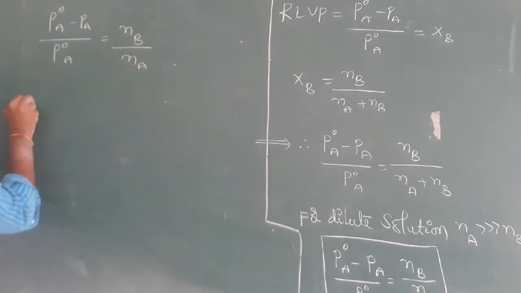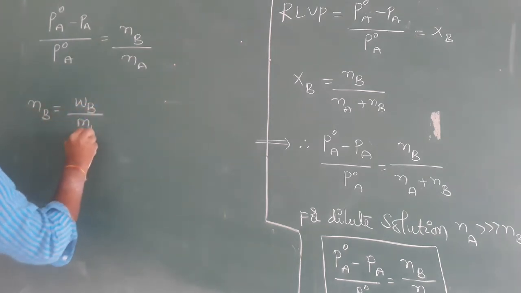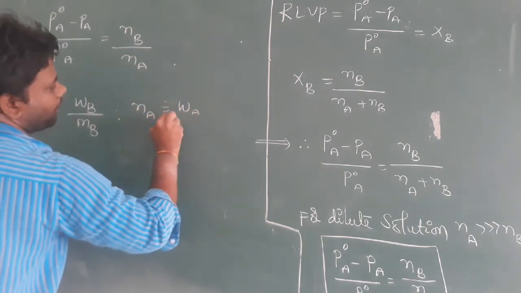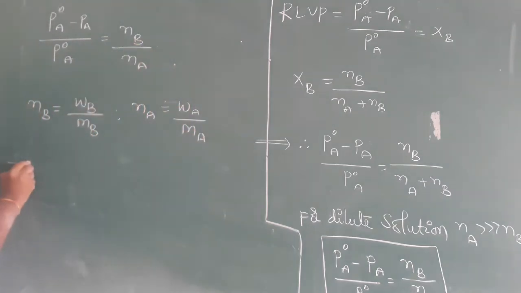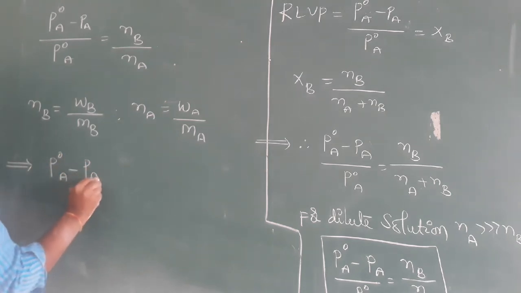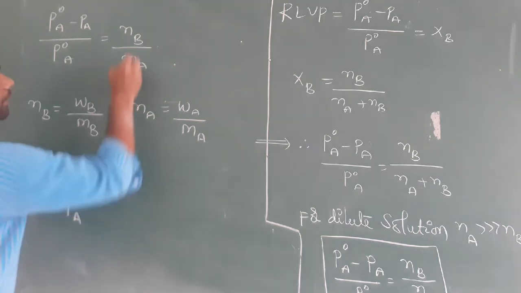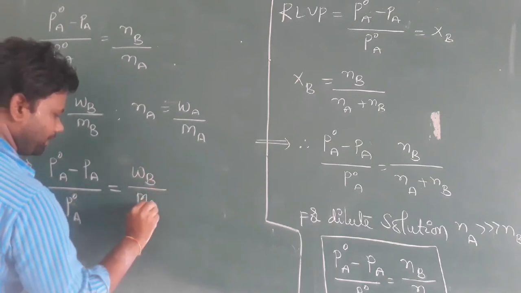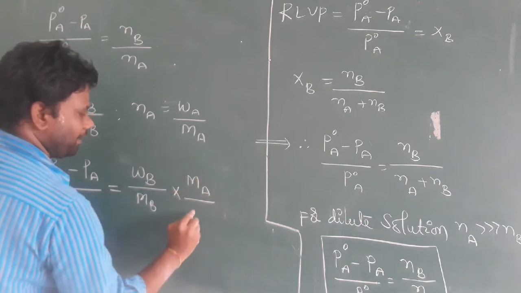Do you know what NA and NB are? NB is weight of solute by molecular weight of solute. NA means weight of solvent by molecular weight of solvent. These two values substituted here, we get P naught A minus PA by P naught A is equal to WB by MB into MA by WA.